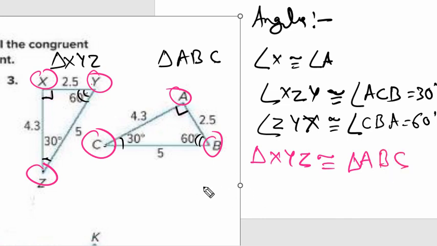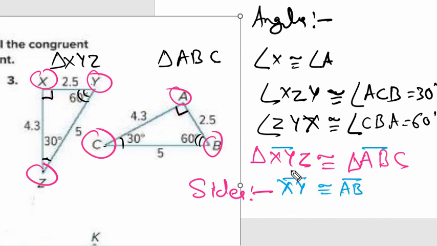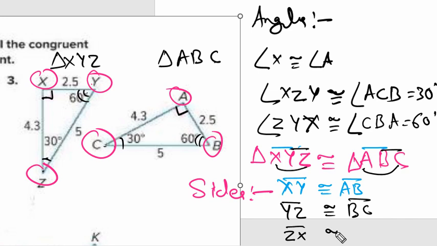If you want to write sides, side XY congruent to side AB. YZ congruent to, and now ZX. ZX is congruent to CA.